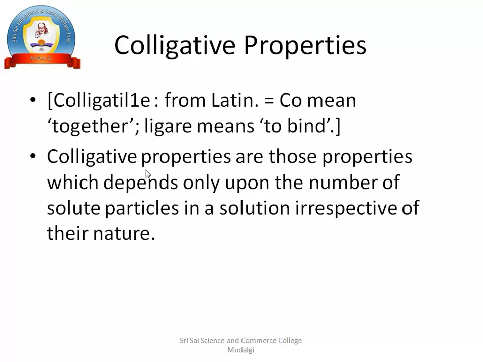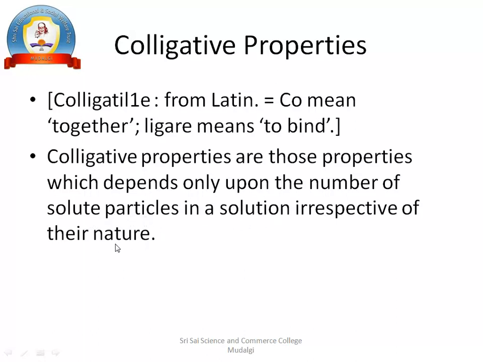Now, colligative properties. Colligative comes from Latin, where co means together and ligare means to bind, that is, together to bind. The definition of colligative properties is: those properties which depend only upon the number of solute particles present in a solution, irrespective of their nature.